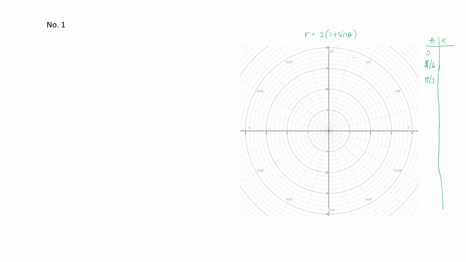So the increments here are 30 degrees, or pi over 6. Let me write first and then prepare your calculator.